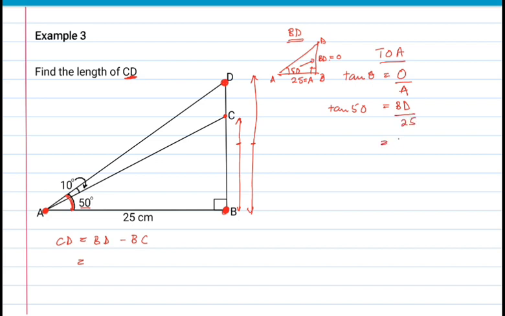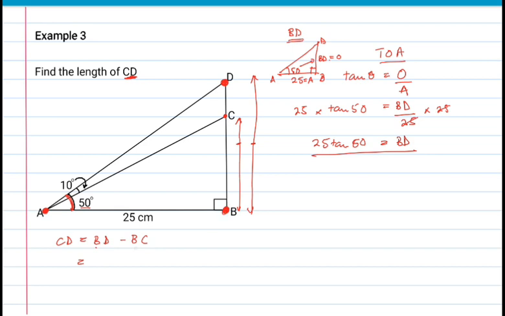So for our BD, we multiply by 25 on both sides to cancel out. Then we have 25 tan 50. Since we are going to be using it later, we are just going to leave it like this and then simplify later.